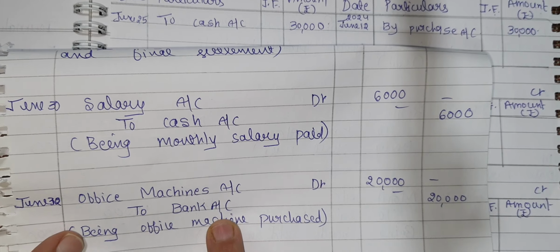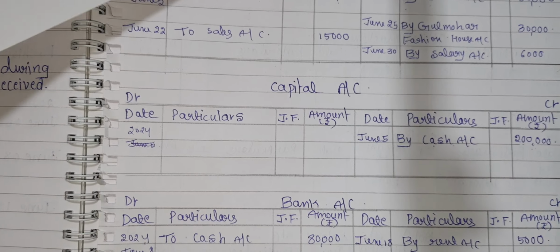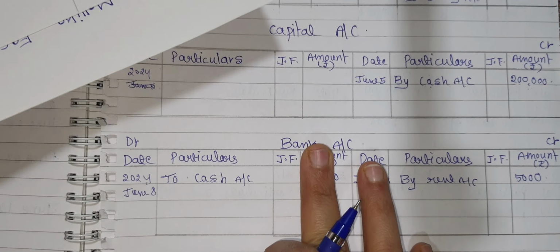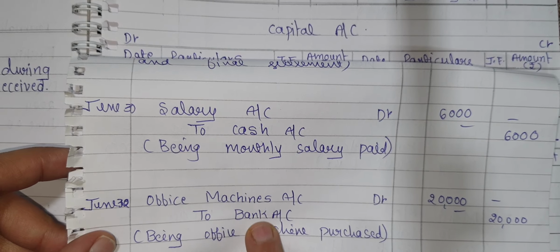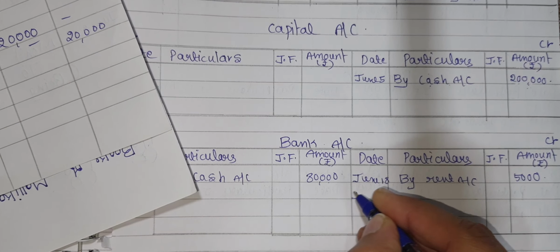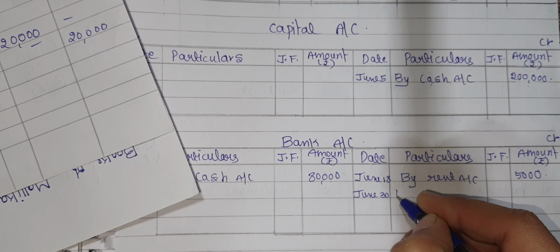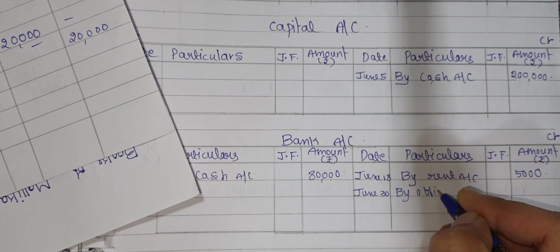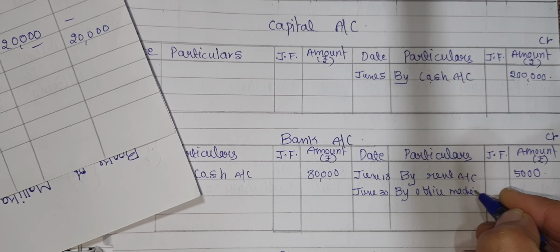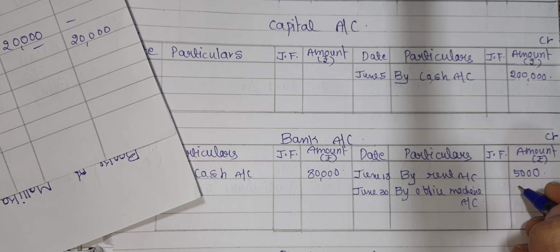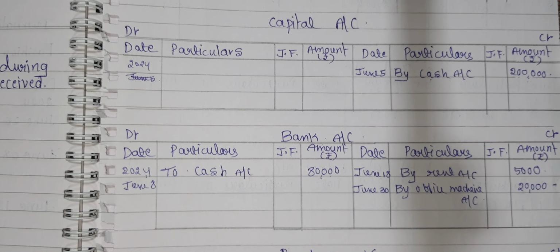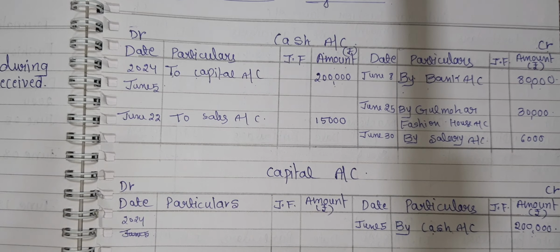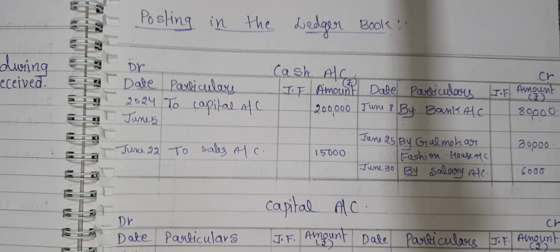And go to bank account. Here bank account is credited. Go to the credit side and write down the opposite entry of bank account, that is office machines account, that is rupees 20,000. In this way, we have to post the journal entries to the ledger.